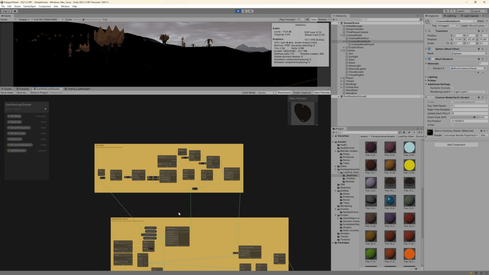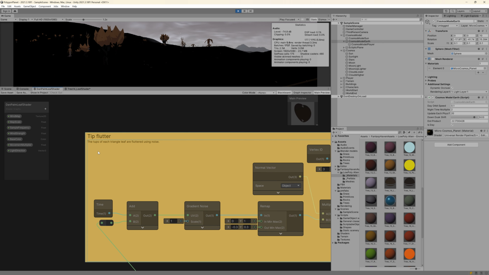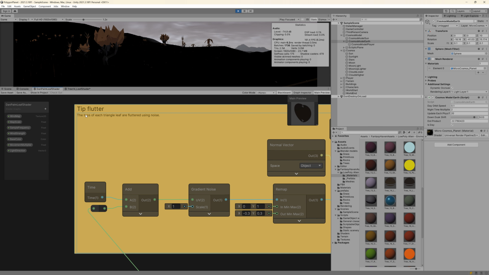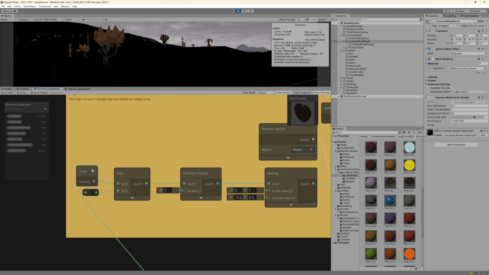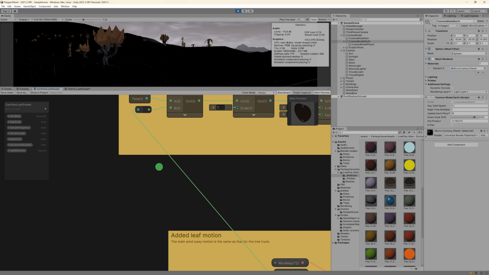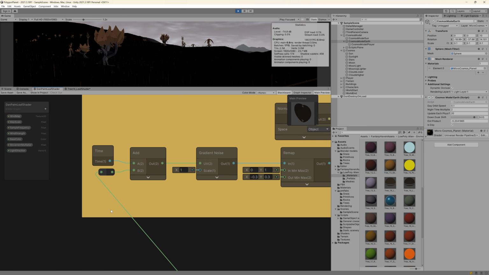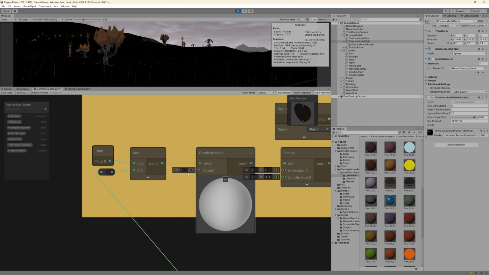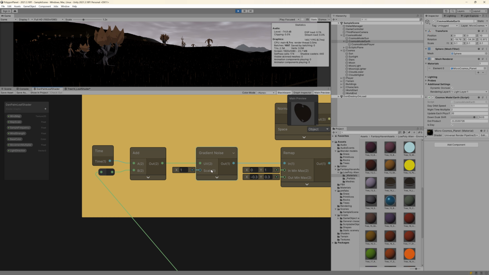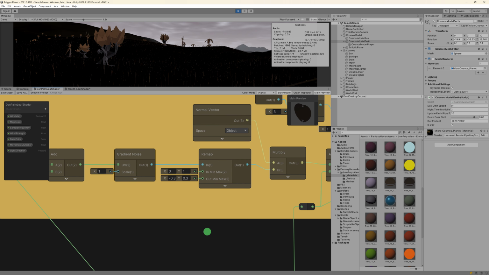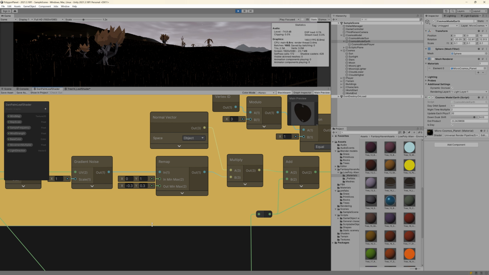And then in addition to that, I want to have some tip flutter, random tip flutter. The tops of each triangle leaf should be the tips. So I just have time, and the starting position. Here's my XZ world space position, which is my seed value for where I'm going to sample my gradient noise, or Perlin noise, and time. So as the game progresses, it moves through the Perlin noise map to get a value between 0 and 1.